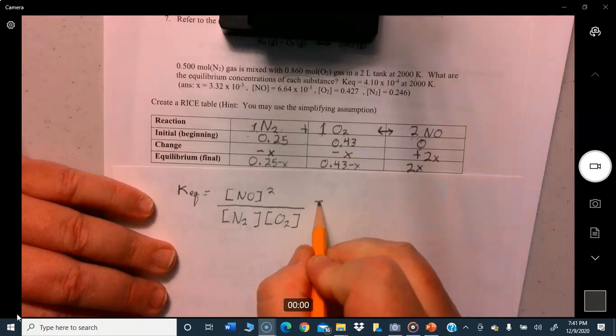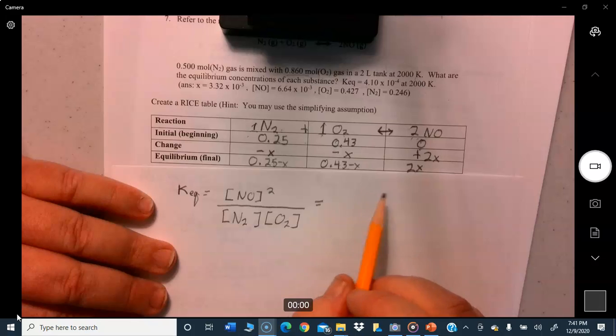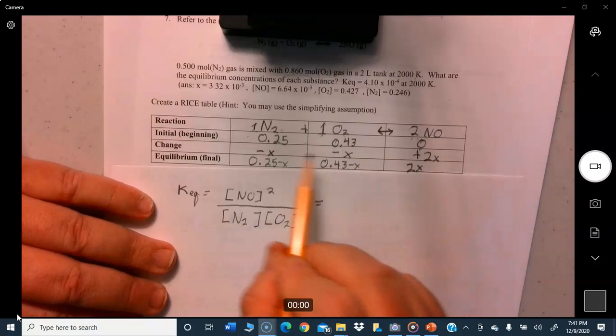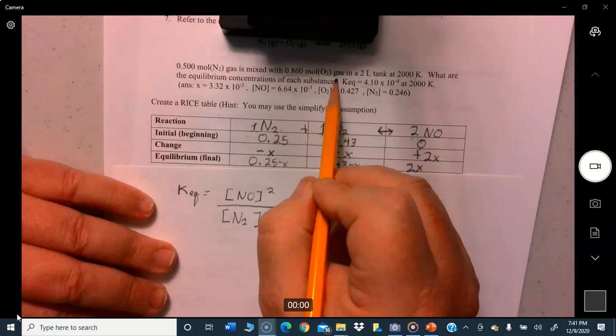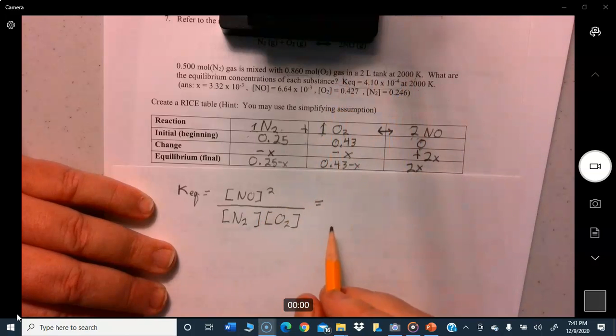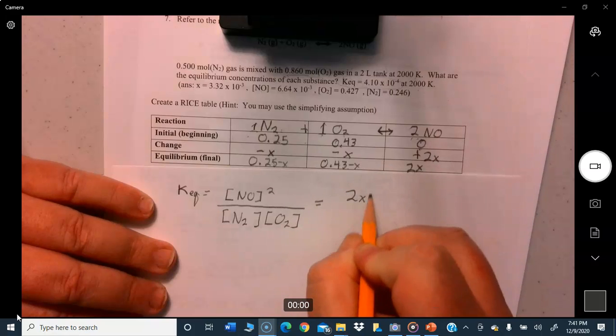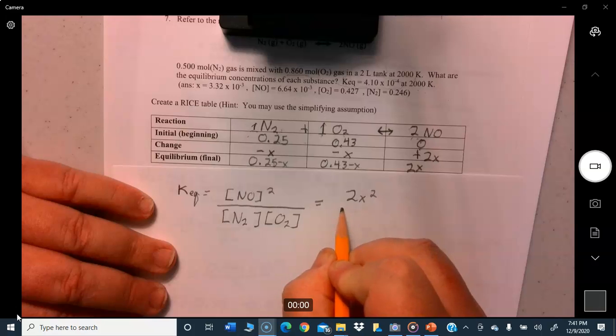Okay, let's go ahead now and plug in these values. Plus, we know what the K equilibrium equals for this reaction at the temperature that it's being conducted. So it's going to be on top 2x squared.